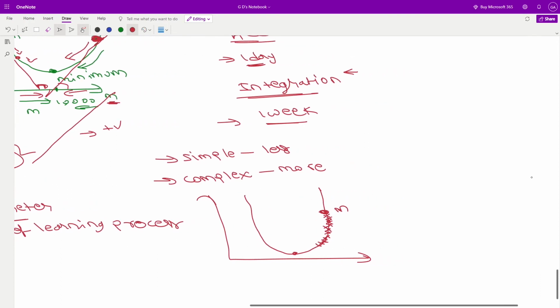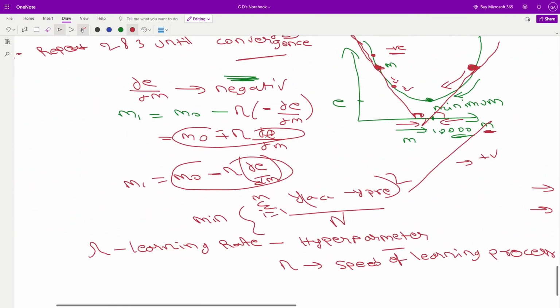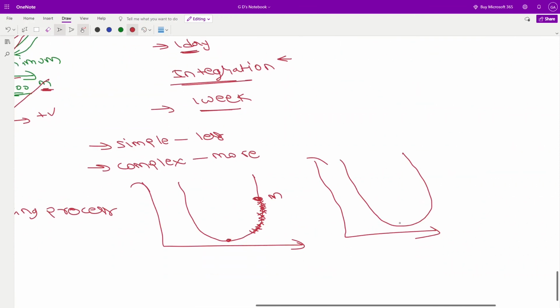Whereas if you give a very high value, you're multiplying d by dm, your slope, with a high value. Then what happens? Instead of reaching the minimum point, it might go somewhere else. For example, if your point is here, it might go somewhere here, and then move away from the minimum point on the graph.